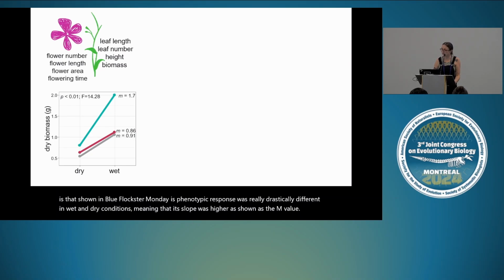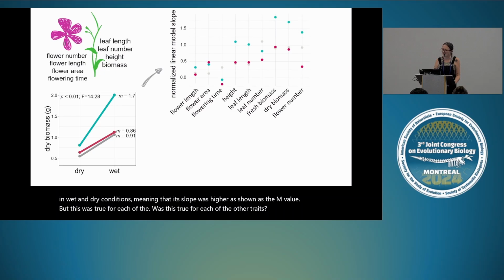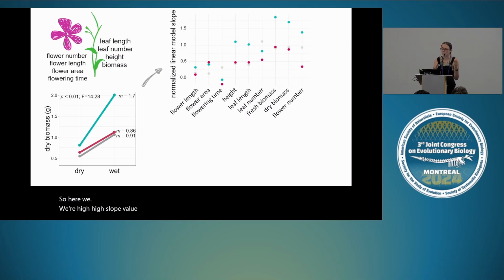But was this true for each of the other traits? Plotted here, I have each trait that we measured on the x and the value of the slope on the y.